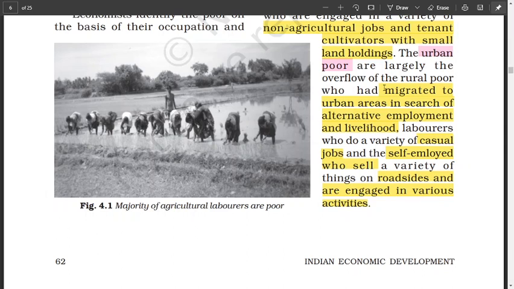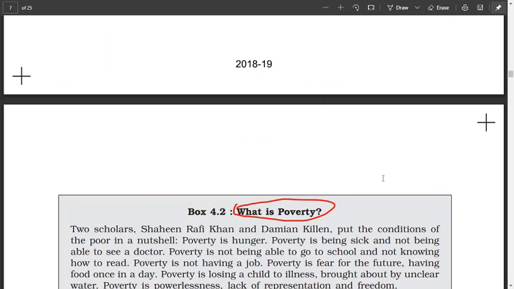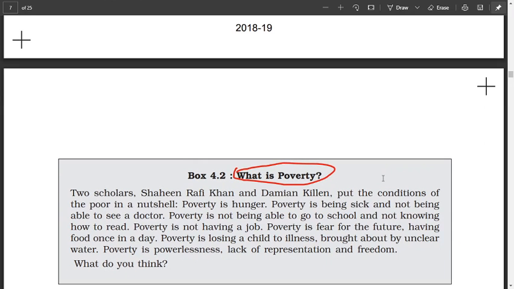But even there they face problems. So mostly they are in casual jobs. Sometimes they get work, sometimes they don't. Some of them are self-employed. They may be selling on the roadside or engage in other activities. So those are some of the attributes we look at in the concept of poverty.